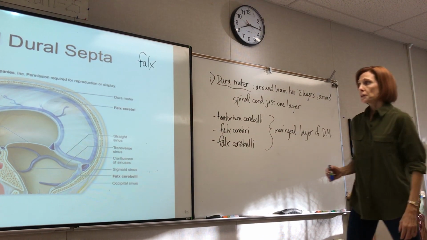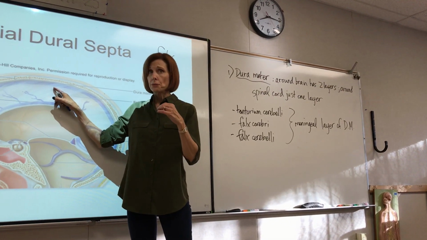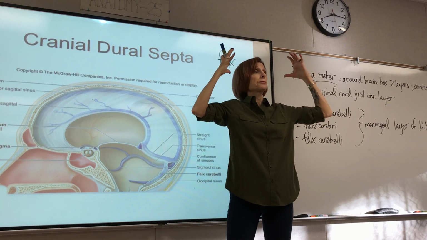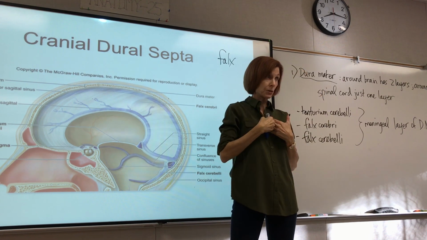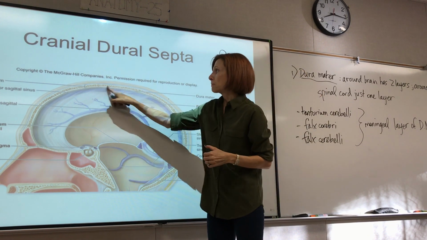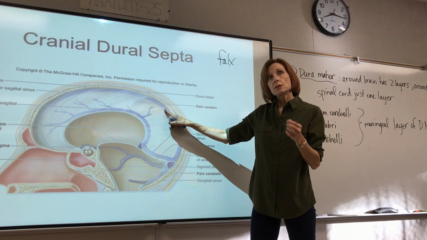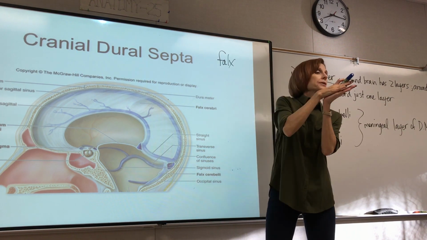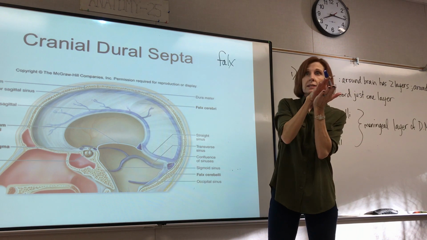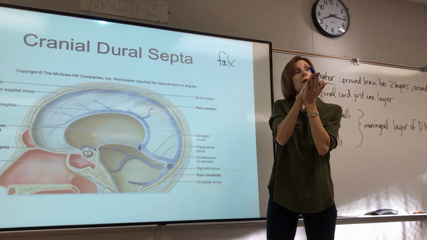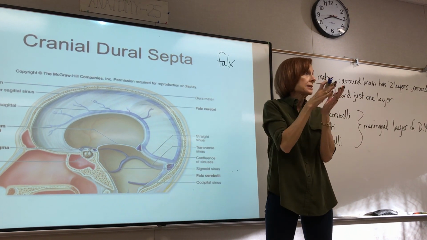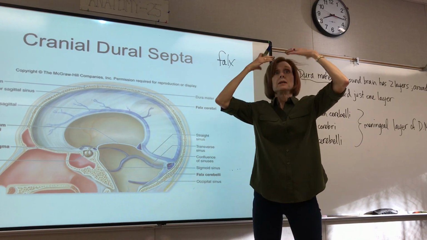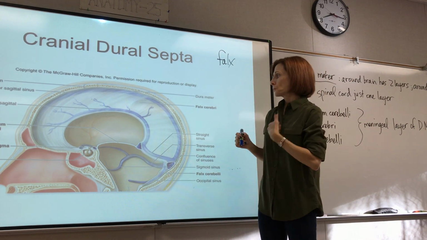So what these are is really kind of like large veins, and they're returning this deoxygenated blood that's coming from the brain to go back to the heart. These spaces where that blood is located are really between those two layers of the dura mater. Wherever those two layers, the periosteal layer and the meningeal layer, separate, we have these spaces that carry the deoxygenated blood from the brain, and it will eventually go to the heart.